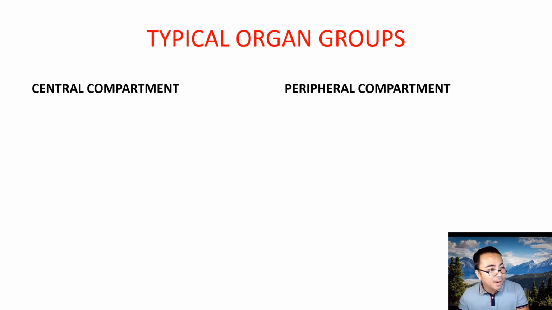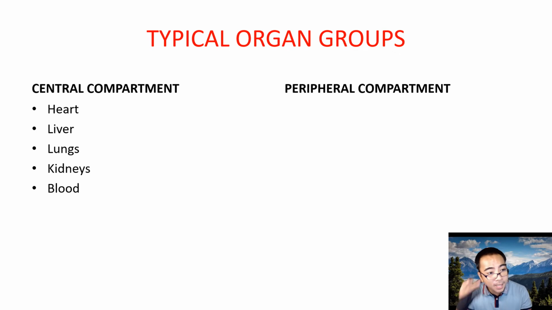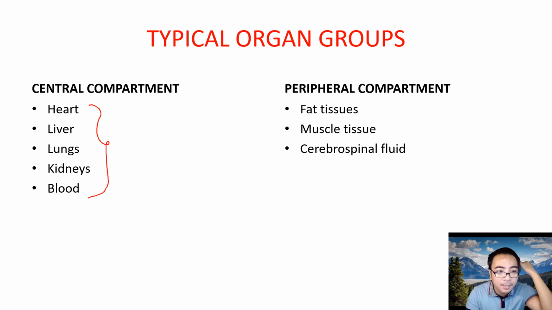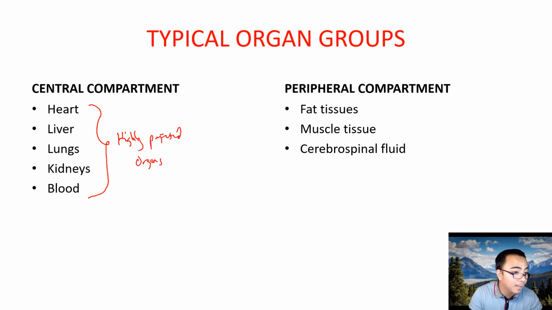Now, what are the various types of compartments? Okay, we have the central compartment and then the peripheral compartment. Under central compartment, class, are heart, liver, lungs, blood, kidneys. Peripheral compartment includes fat, muscles, and cerebrospinal fluid. So one thing you'll notice here, class, all of the organ systems in the central compartment are highly perfused organs.